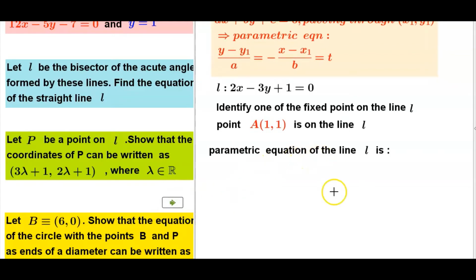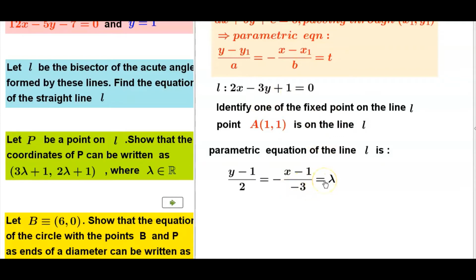So the parametric equation of the line L, using this formula, is (y minus y1) over a, where a is the coefficient of x, and (x minus x1) over b, where b is the coefficient of y. Therefore (y minus 1) over 2 is equal to minus (x minus 1) over b, with b equal to minus 3.